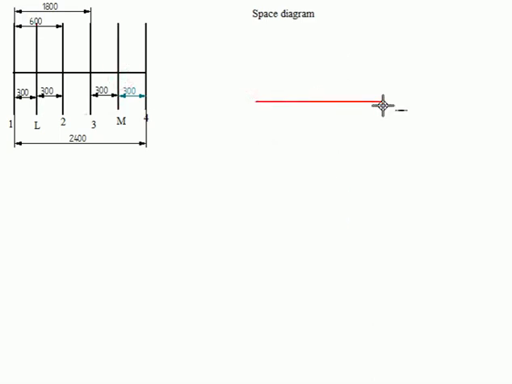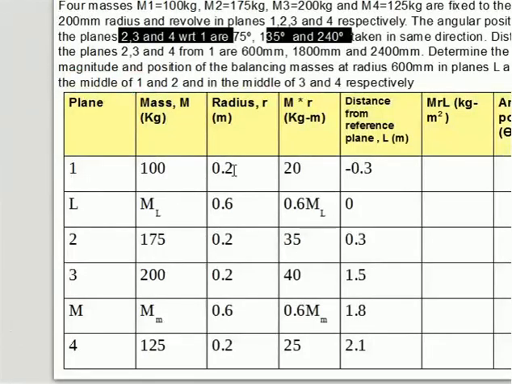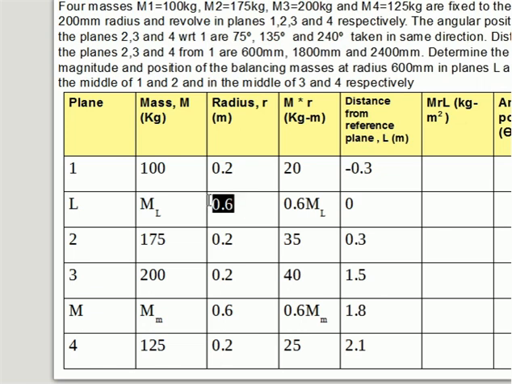So the radius is 0.2 meter, inclination 0. This is mass A. Then I cannot plot mass L because its inclination is unknown. Its radius of rotation is given in the question, it is 0.6, but the theta value is unknown.